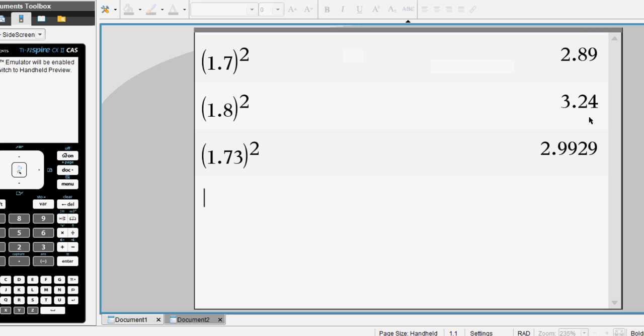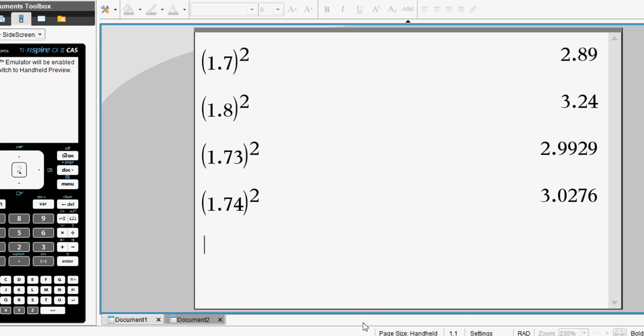Now we know that the square root of 3 is greater than 1.73, but less than 1.74. And it's really close to 1.73 because the distance to 3 here is 0.0071. And so we would try 1.73 and then something very small.